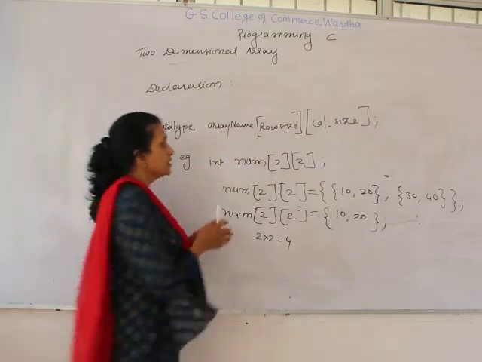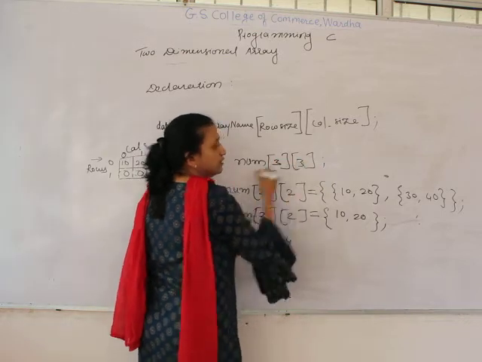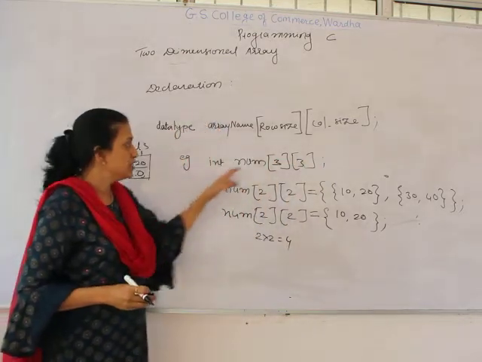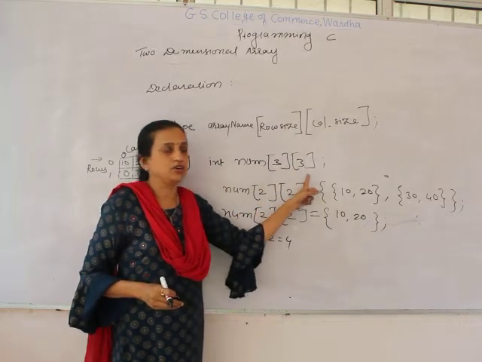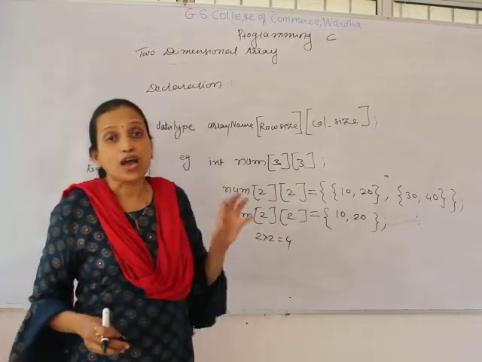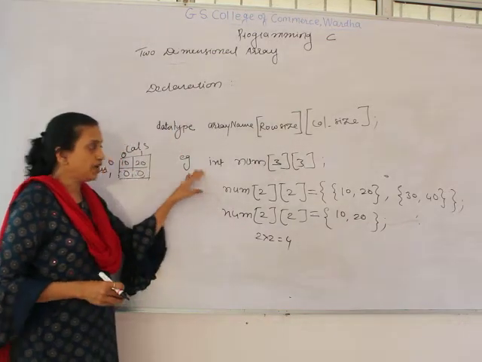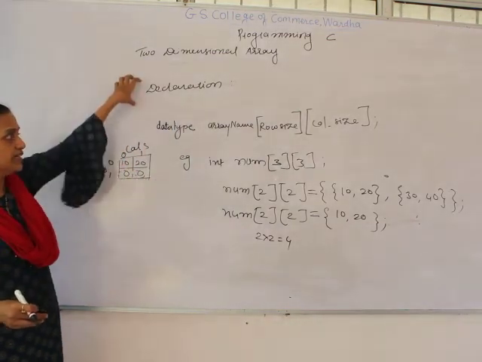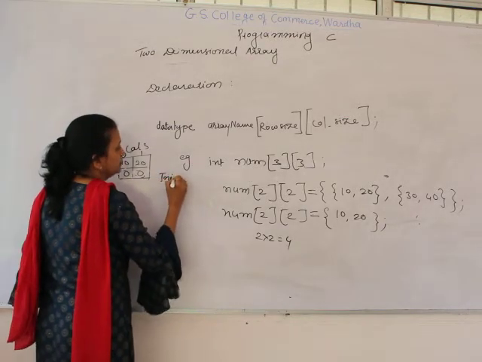Suppose the size of the array is 3 by 3. How many values do you have to input? You have to input 9, because there are 3 rows and 3 columns, so the size is 3 into 3. That means you have to input 9 elements in this array. I hope you understand the declaration and initialization.